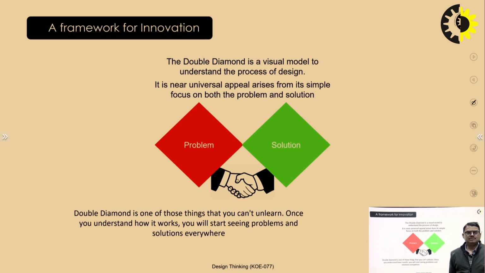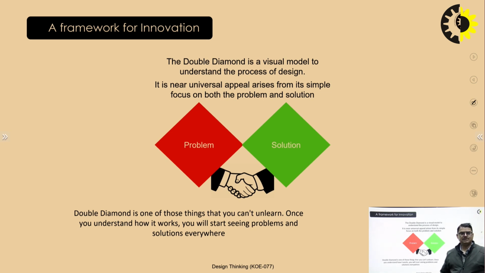The double diamond is a visual model to understand the process of design actually, and its near universal appeal arises from its simple focus on both the problem and the solution. Why are we calling it the double diamond approach?